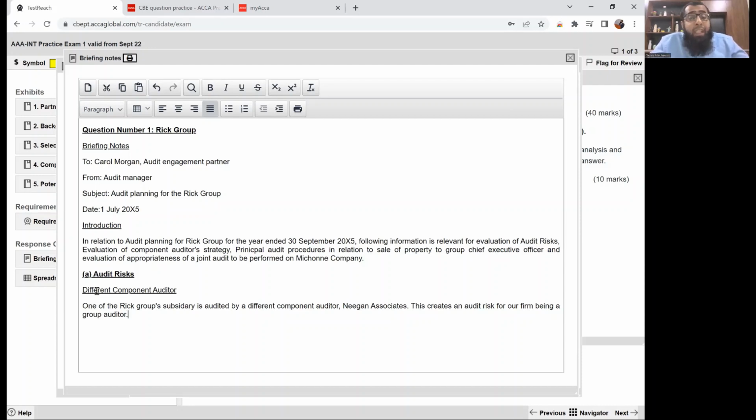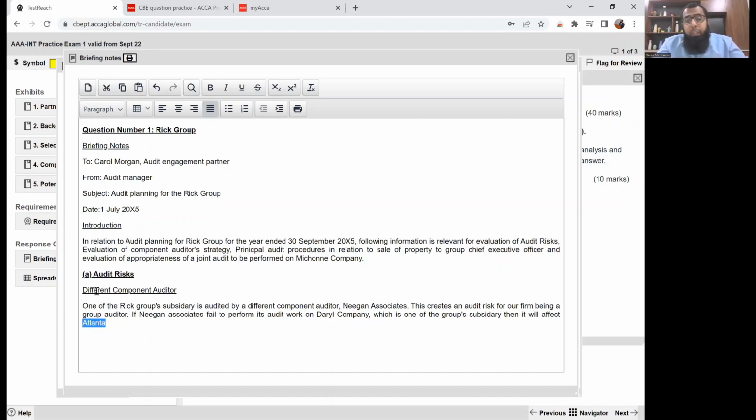Why does it create an audit risk for us being a group auditor? If Negan Associates fail to perform their audit work on Darrell Company, which is one of the group's subsidiaries, then it will affect Atlanta Company, which is the name of our firm.